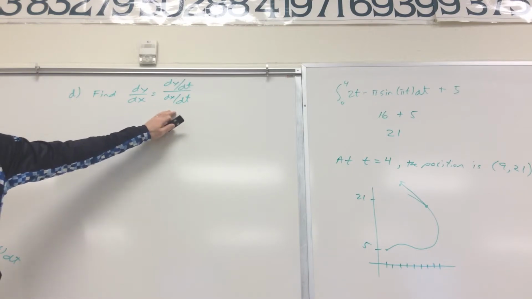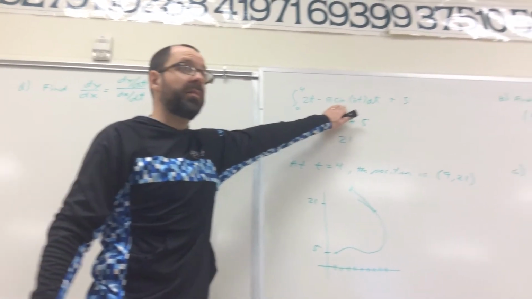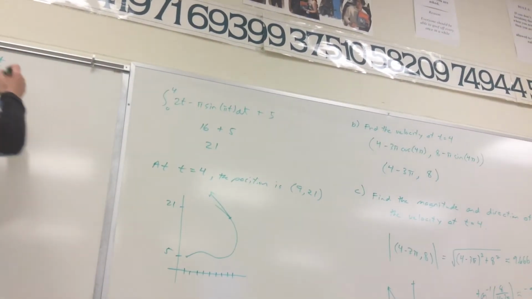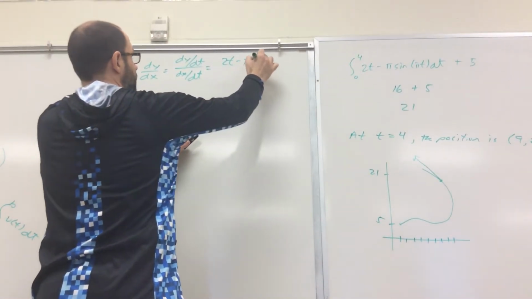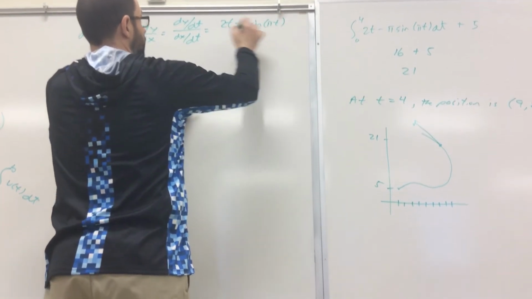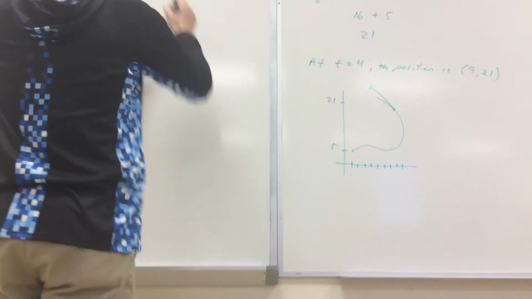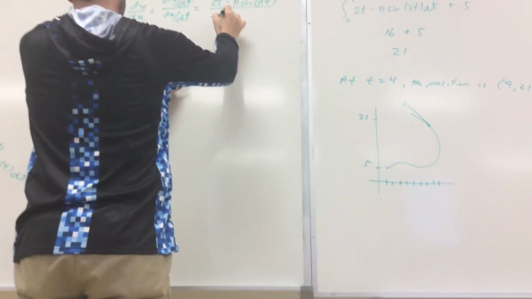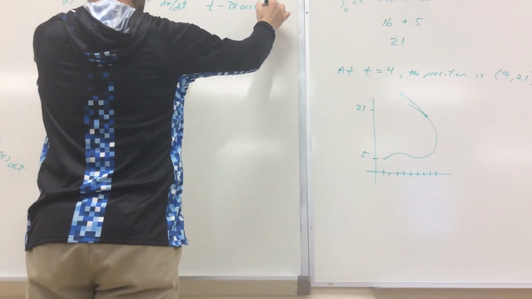And in this case, they gave us the dy dt right at the start of the problem. It was this. So the formula is 2t minus pi times the sine of pi t, all over whatever that other formula was. Oh, it's right there, I didn't erase it. So t minus 3 pi cosine of pi t.